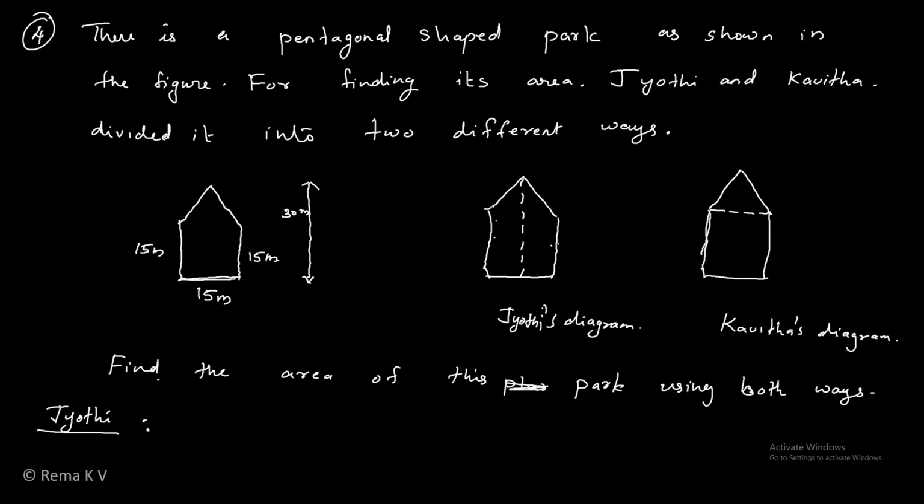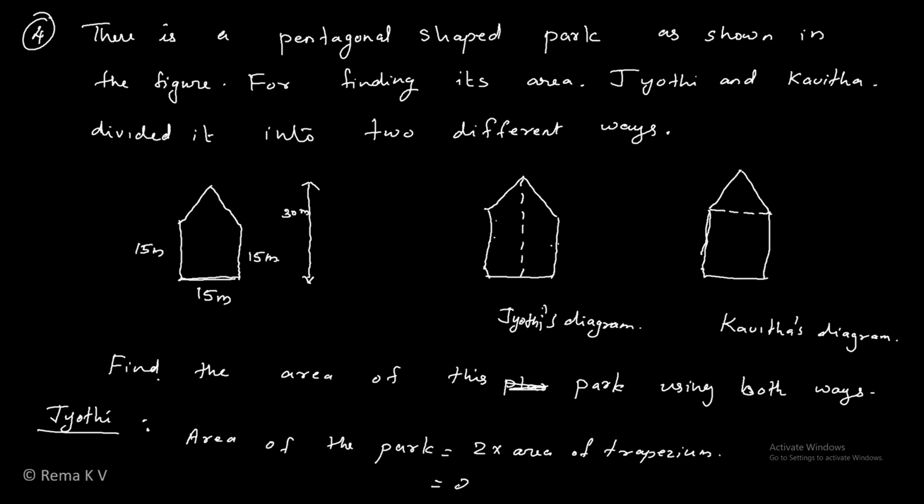So here both the trapeziums are same. So you can find the area of a trapezium and then multiply it with 2. Okay, so this equals area of the park. Area of the park equals 2 into area of trapezium.